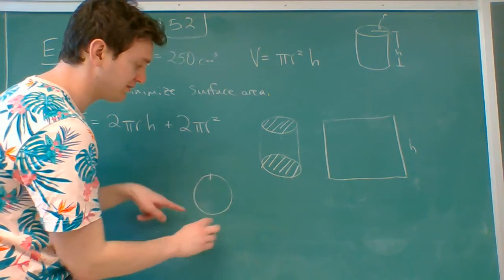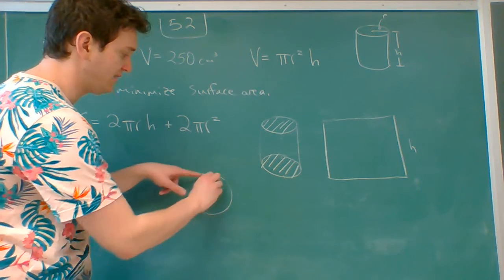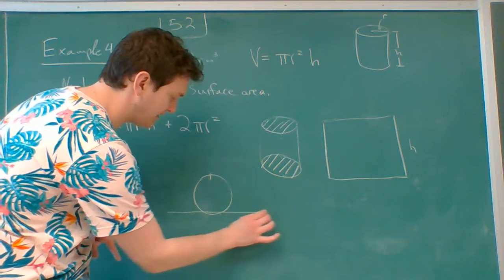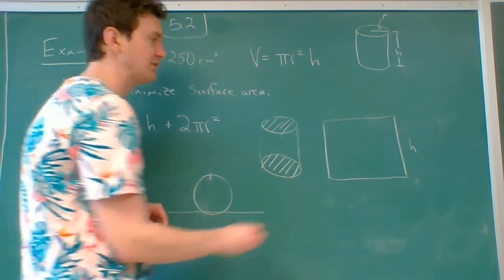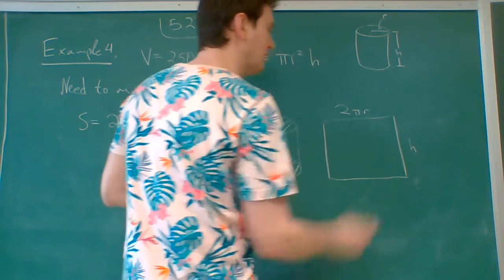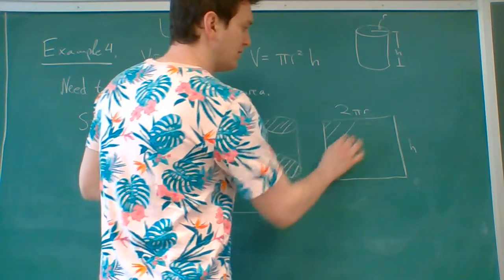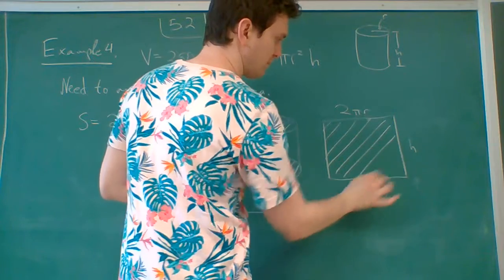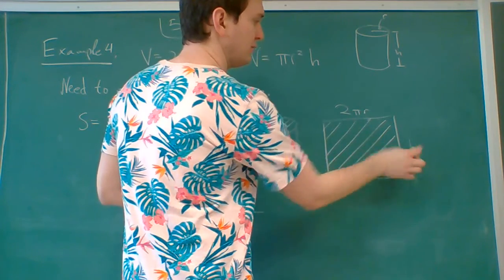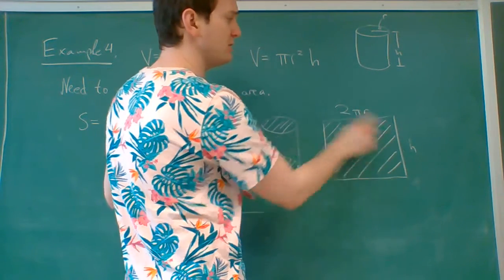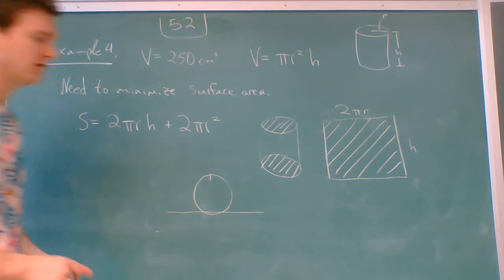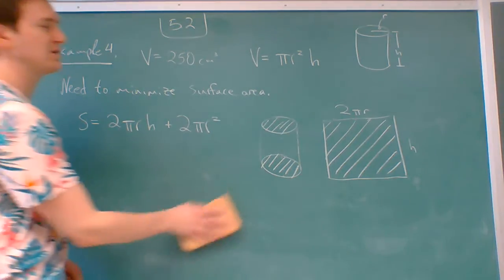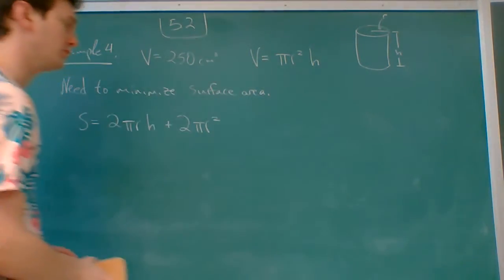First of all, the circumference of this is 2 pi r, right? If I'm cutting it and laying it down flat, this distance should be the same as the circumference of the circle. That's going to be 2 pi r. How do you find the area of a rectangle? You do length times width, or the product of those two dimensions, which is 2 pi r h. All right, so that's where that surface area formula is coming from, in case you haven't seen it before.